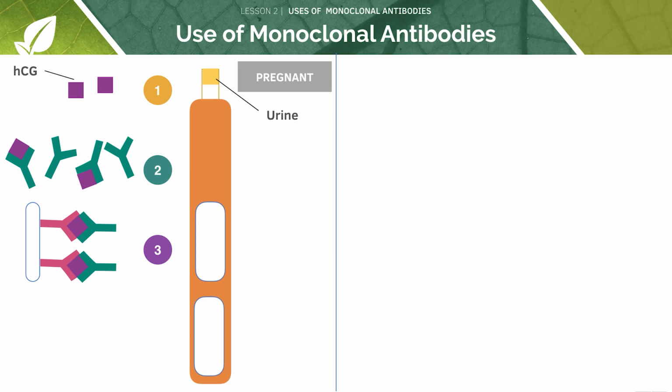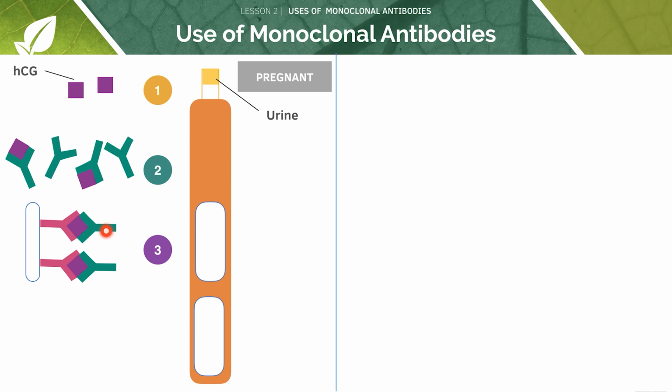You can imagine that the urine is here, and it's going to move down with the complex of HCG with the monoclonal antibody, which has a dye enzyme attached to it. It's going to move down to this test site, and at the test site, the HCG free antibody complex will bind to another fixed antibody specific to HCG.